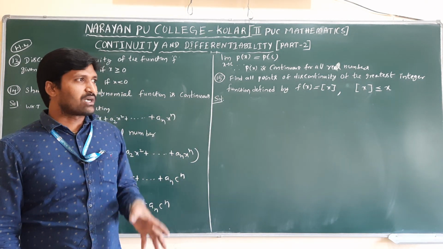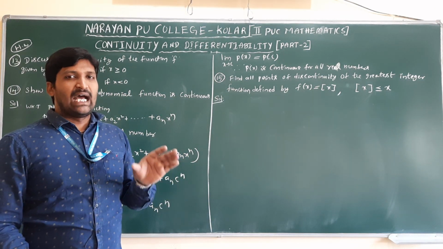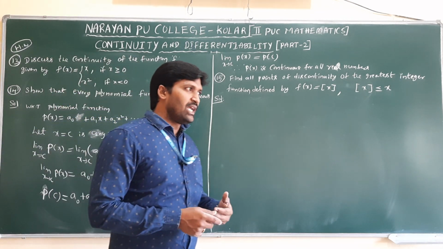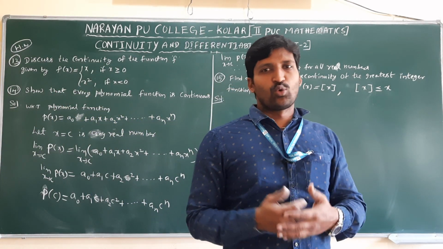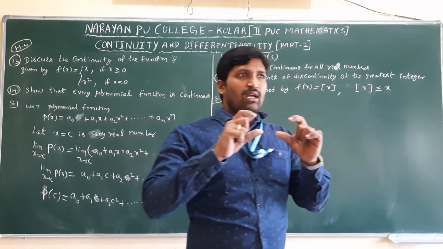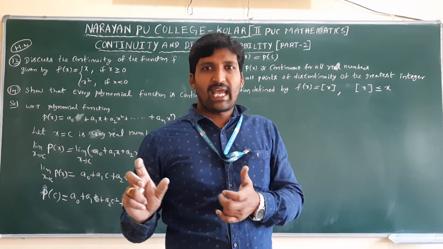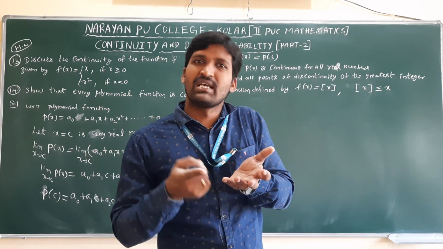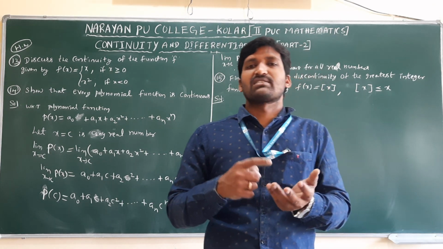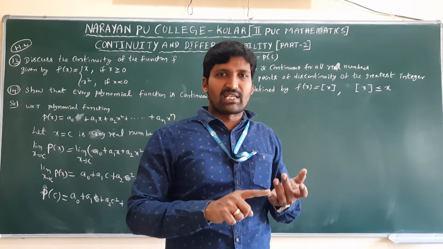Here I will first do x as a real number but not an integer. Next I will do x as an integer. Two cases we will check here, because in real numbers there are decimal numbers, and except the decimal numbers, the remaining numbers are integers. You can check 0, 1, 2, 3, 4, 5, 6, 7, 8, 9, 10, and on the negative side -1, -2.